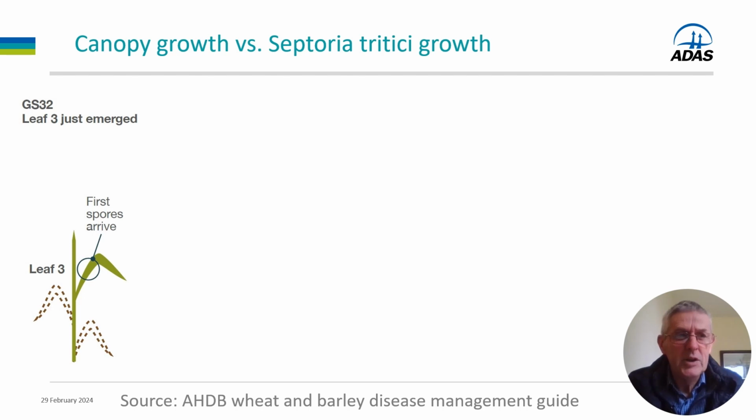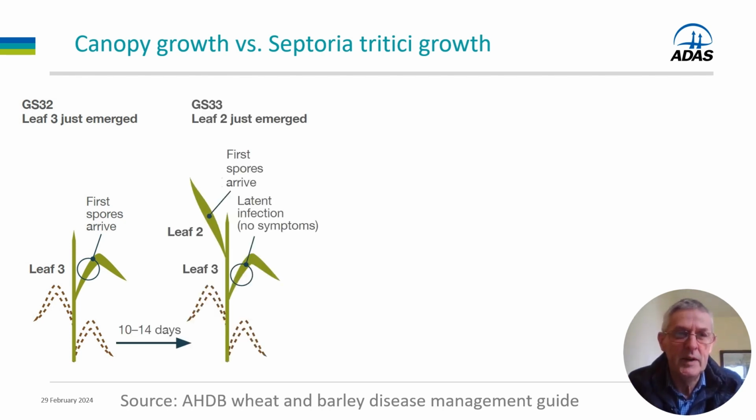So if we imagine we're at second node, the stem's started to extend, and what will eventually become the third leaf down the canopy has just emerged. Now it's emerged, it's exposed to spores arriving from elsewhere in the canopy, but there's currently no visible disease. We go on to third node, about 10 to 14 days later, and another leaf has come out.